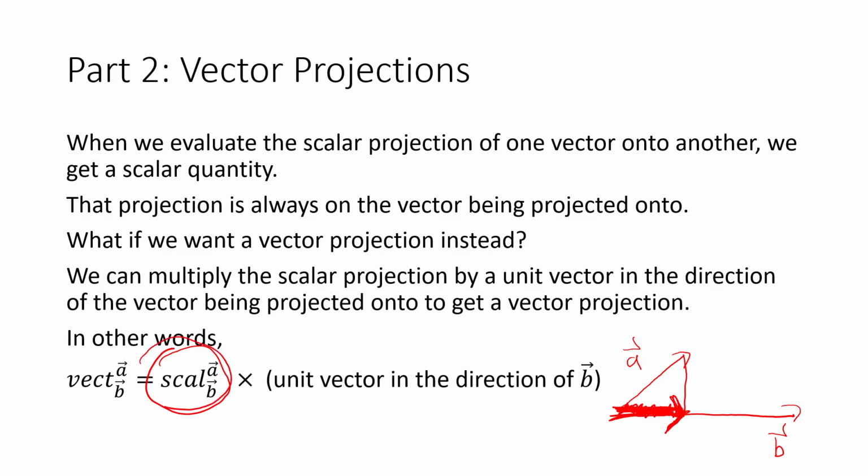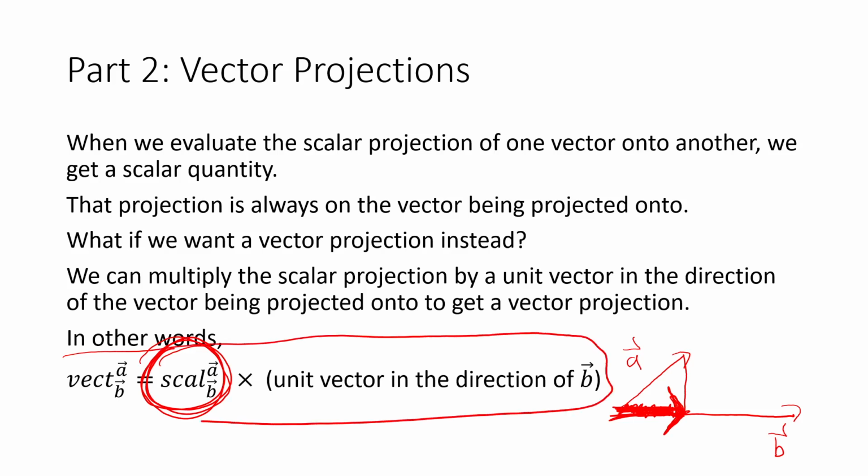So when we multiply our scalar projection of A on B times a vector with a magnitude of 1, we don't change the magnitude. We keep that magnitude, but by putting it in the direction of B, we get the direction that we want. So a vector projection of A on B will be equal to a scalar projection of A on B times a unit vector in the direction of B.